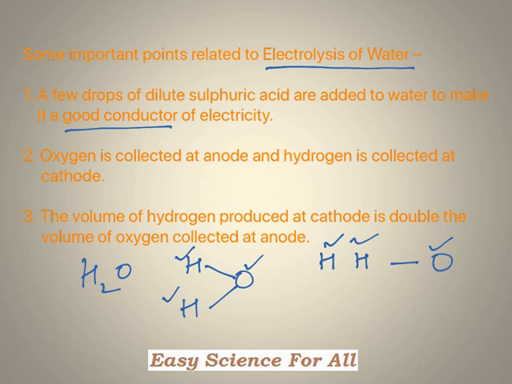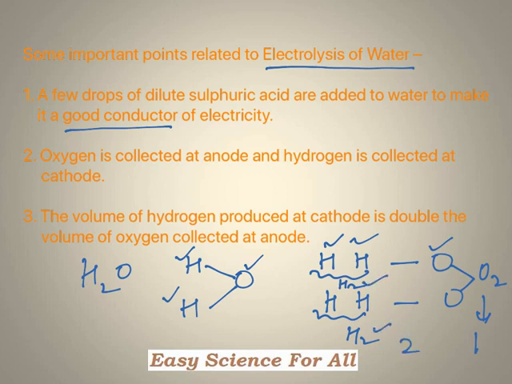So if two molecules of water are dissociated, it means there would be four hydrogen atoms and two oxygen atoms. Now these two oxygen atoms will combine to form O2, that is oxygen gas, meaning one molecule of oxygen gas will be there, whereas the four hydrogen atoms will combine to form two molecules of hydrogen.